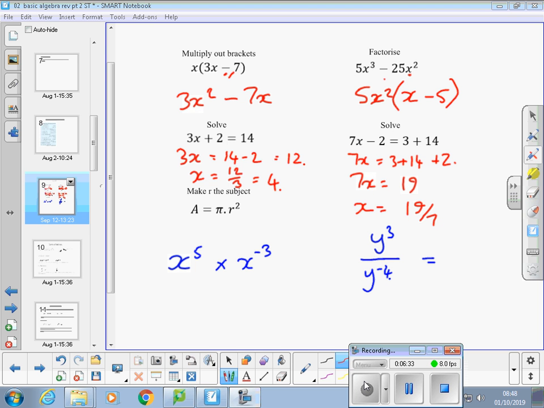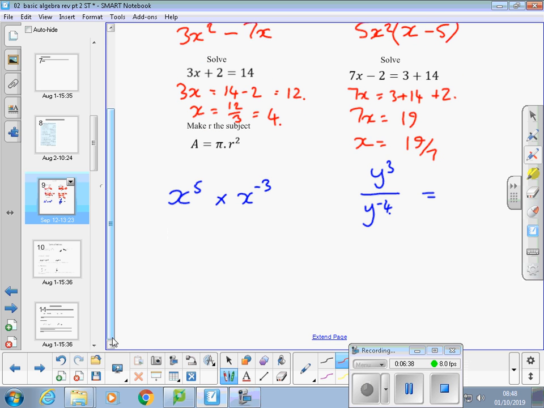What about making R the subject of this formula here? I'll do it down here. A is equal to pi R squared. That's the first thing you're going to do. If you square root A now, you've got to square root all of that.